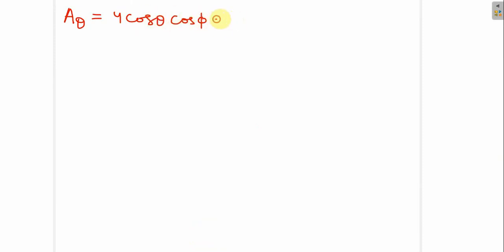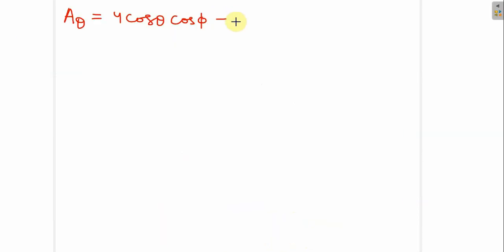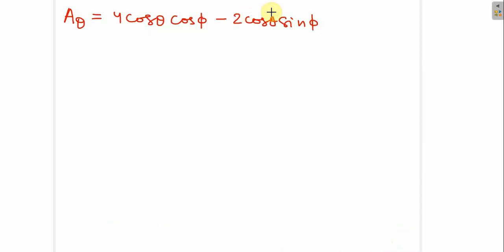Then minus 2 into ay dot a theta. What is ay dot a theta? Ay dot a theta is cos theta sin phi. So we will write minus 2 cos theta sin phi. And the next one is az dot a theta. What is az dot a theta? It is sin theta. So it is minus 4 sin theta.